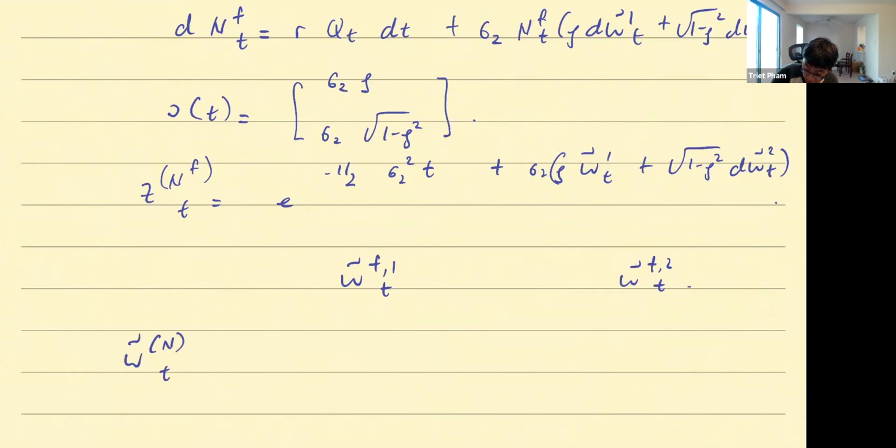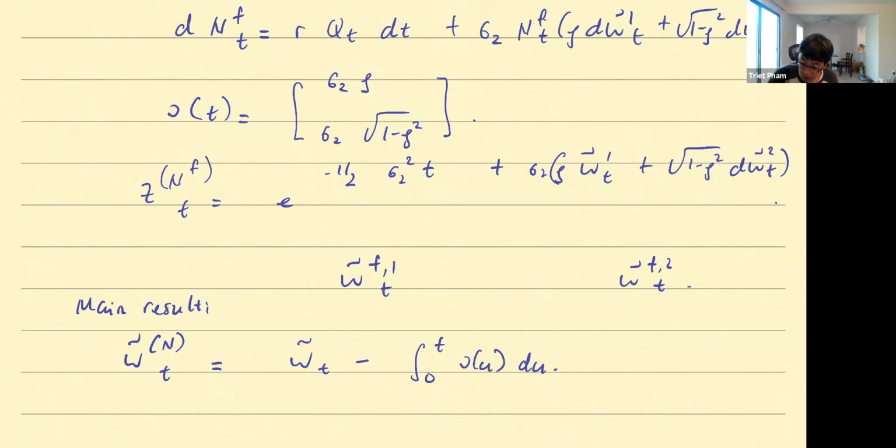So the main result is the new Brownian motion will be our old Brownian motion minus this.